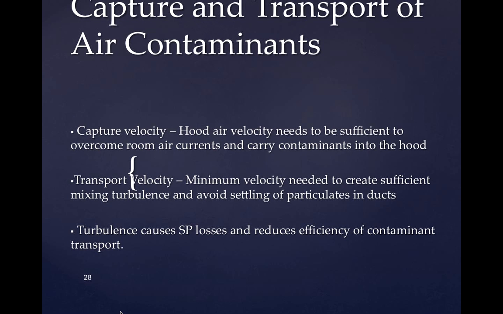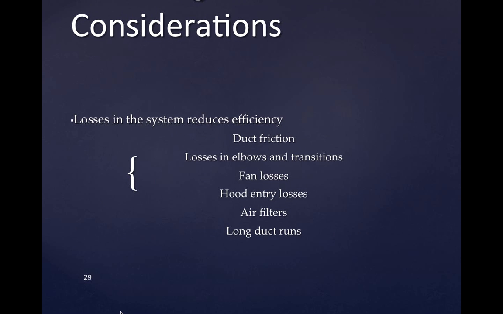Okay. The other thing we're interested in is capture velocity. Well, there's a couple of velocities we're interested in. One velocity is capture velocity. Capture velocity is the speed that the air has to be moving into the duct at the location that the contaminant is being produced.